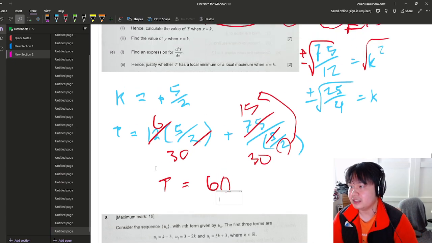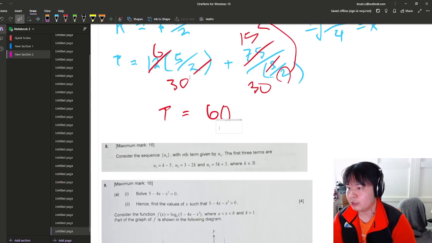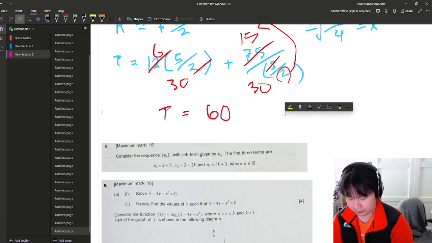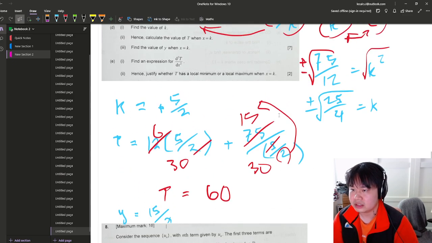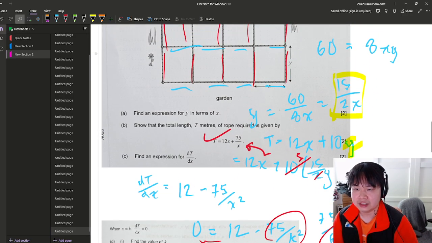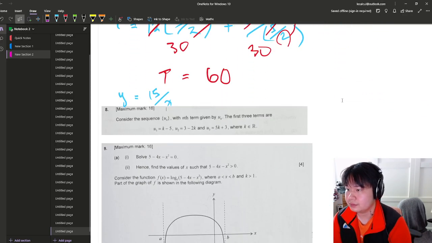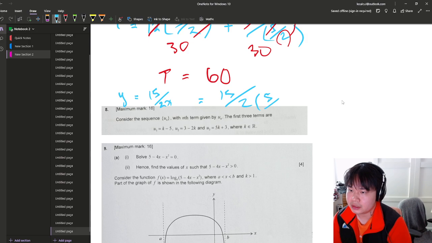Okay, and then what else do they want? Find the value of y as well. So what did we say y was? Y was like 15 over 2x, okay. 15 over 2 times 5 over 2.